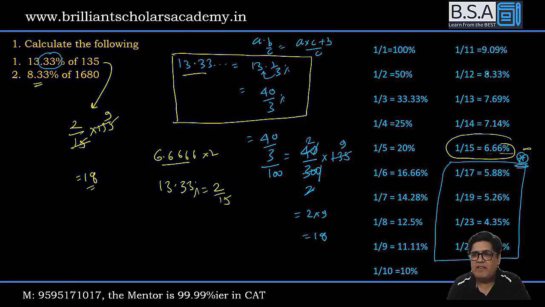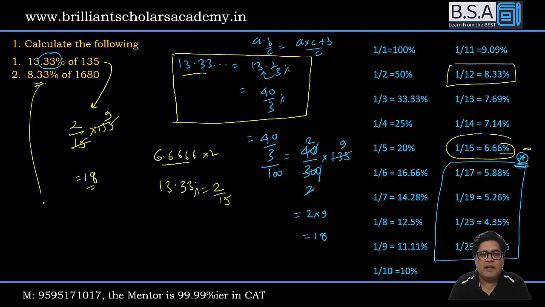8.33. Do you see anywhere 8.33? 1/12. This is basically 1/12 into 1680. 12 into 1, 12. 48. 4 times 48.